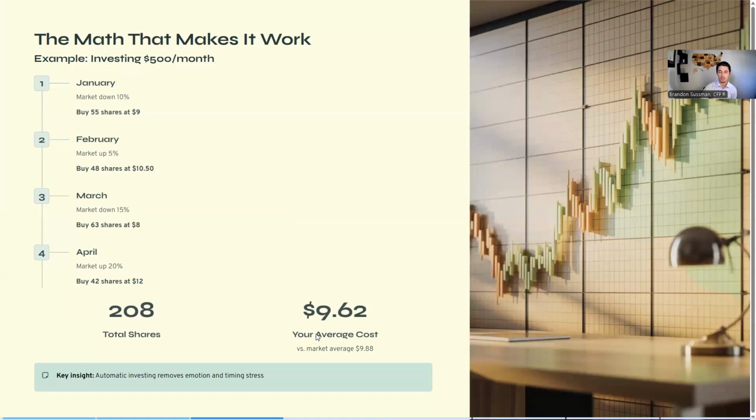Now, the other way of looking at it is your market average. This is basically if you just take the average price over those 4 months. So the average price over the 4-month period would be these four numbers added together and then divided by four, which is going to get you 9.88.